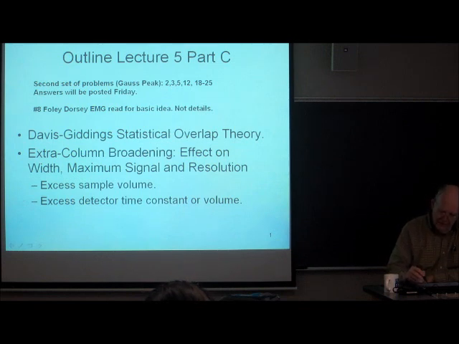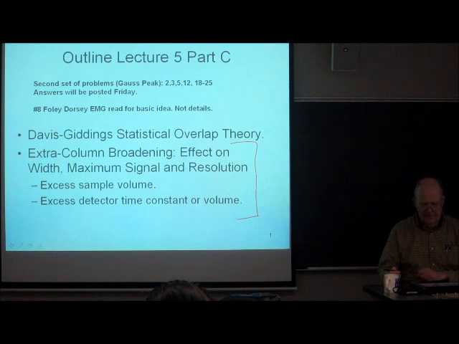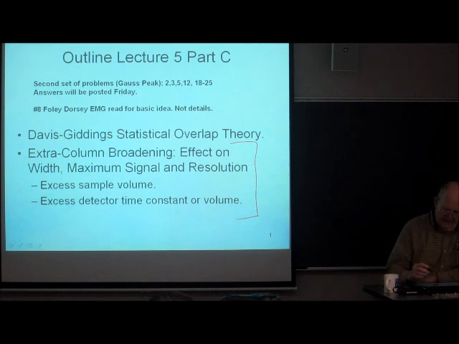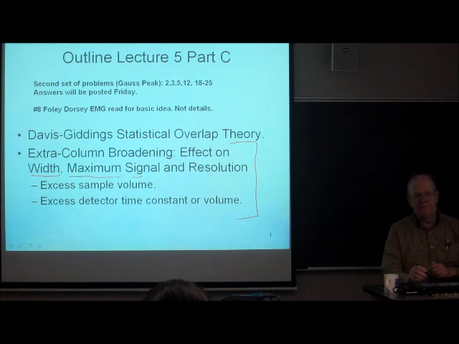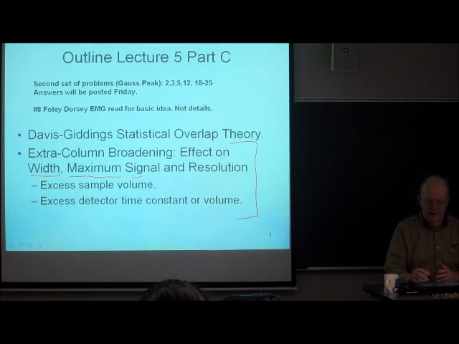And then we'll move into this gigantic, hugely important issue of the extra column contributions to the apparent width of a peak. And we'll talk about the effect of the extra column factors on the width of the peak, the height of the peak, or the area of the peak, and perhaps most importantly, the effect of extra column broadening on your resolution.